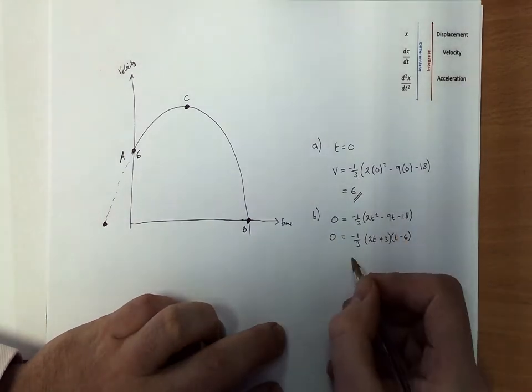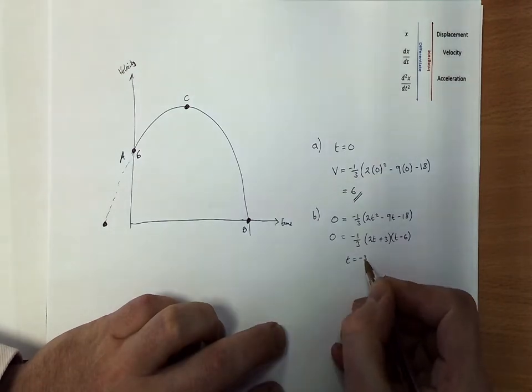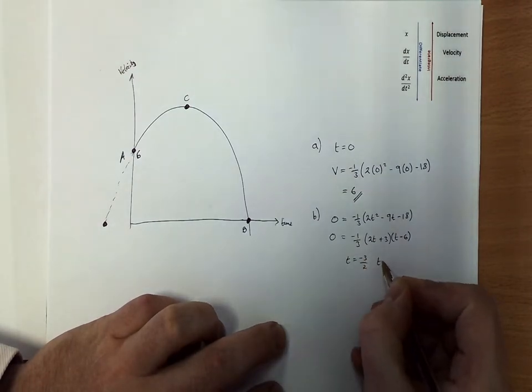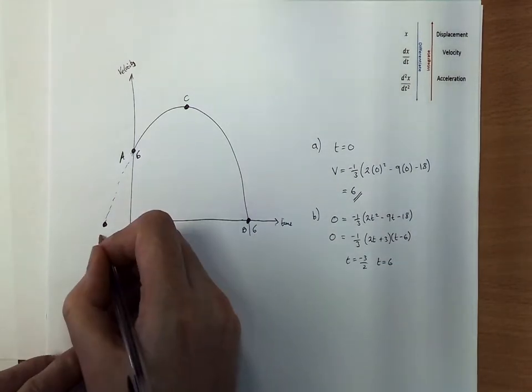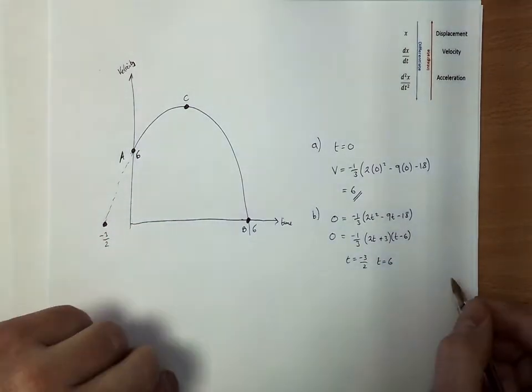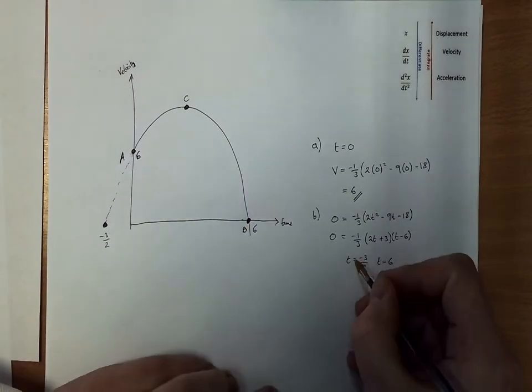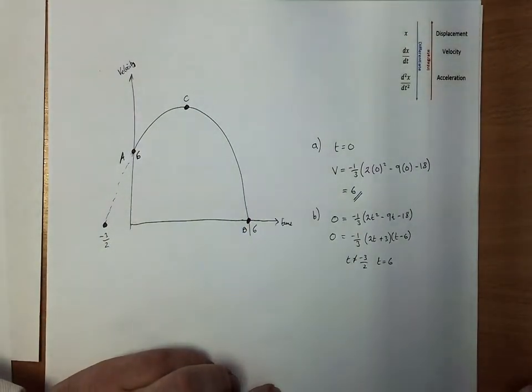And solving this, I'm going to get t equals minus 3 over 2 and t equals 6. This is just a coincidence that the root happens to be the same as the y-intercept. That won't always be the case. Clearly we'd want the positive time, so t is equal to 6.